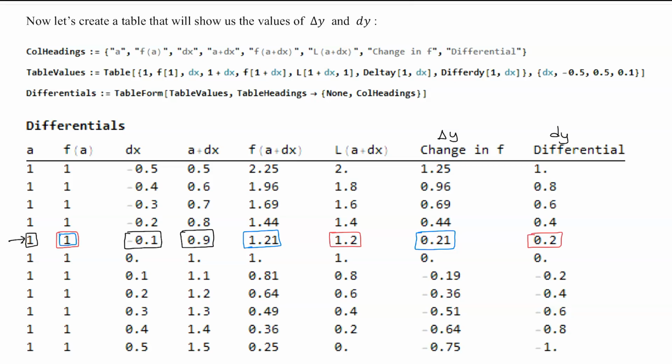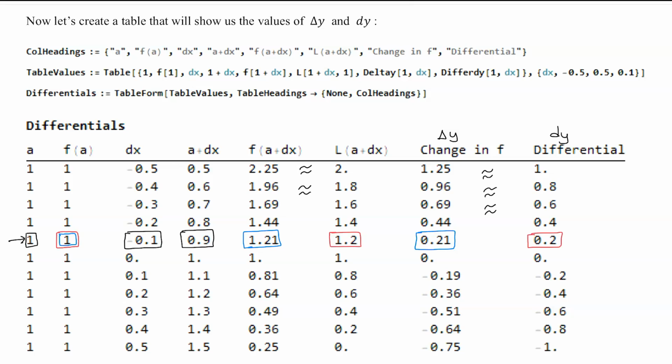Notice the first two columns are always the same. In other words, my tangent point at 1, 1 is not changing. The rest of the table explains how much my x is changing, what my new x-coordinate is, what my new f of x value is, what my new L of x tangent line value is, how much my f changed, that's my delta y, and how much my tangent line value changed, dy, which again is an estimate for delta y.